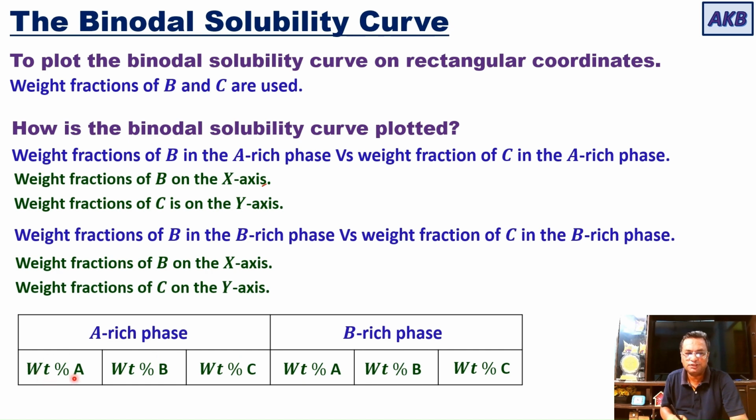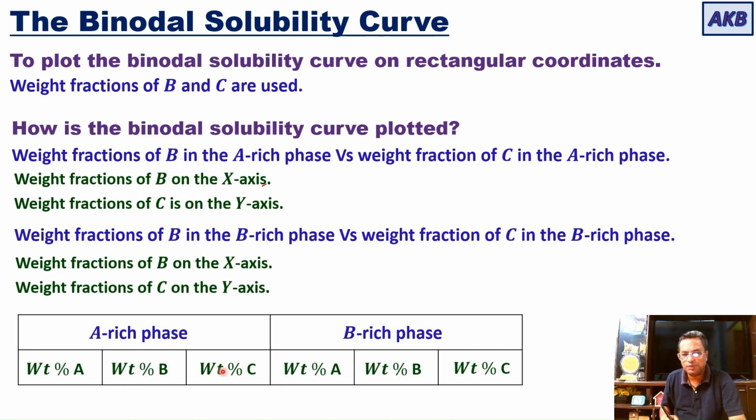So you have weight percent of A, weight percent of B, and weight percent of C in the A rich phase. Similarly, you have weight percentages of the three components in the B rich phase. Sometimes they may just give you weights, weight of A, weight of B, weight of C in each layer.